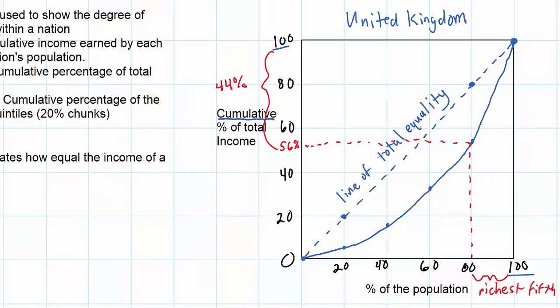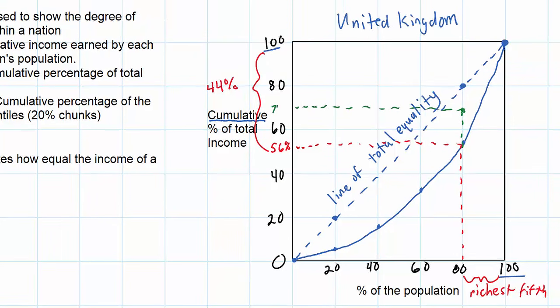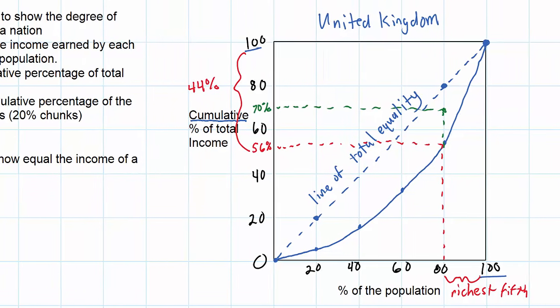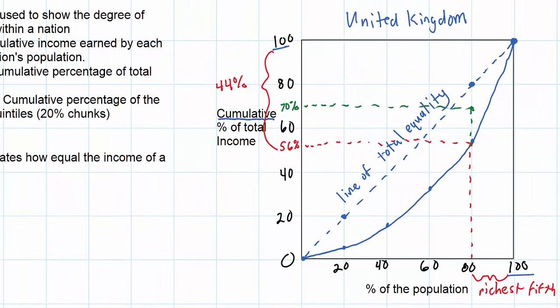Now I've got the richest fifth earning up to 70, meaning that they have earned just 30% of total income. A country in which the richest fifth earned just 30% of total income would be more equal than the United Kingdom is. Let's say in the same country, the bottom fifth earn 10% of total income.